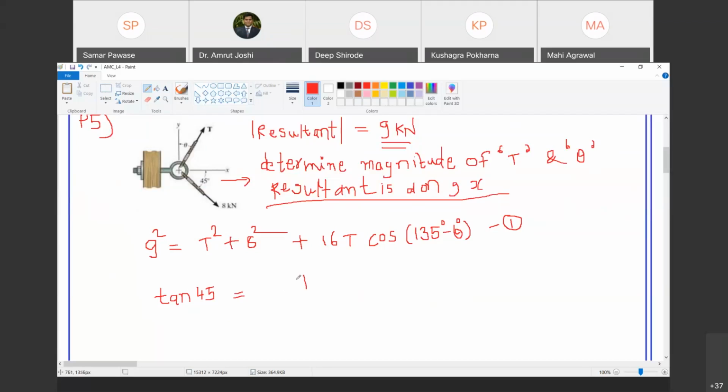Sir, T sin (135 minus theta) divided by 8 plus T cos (135 minus theta).